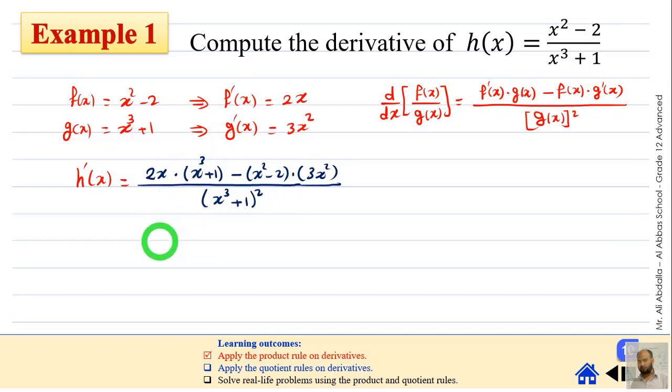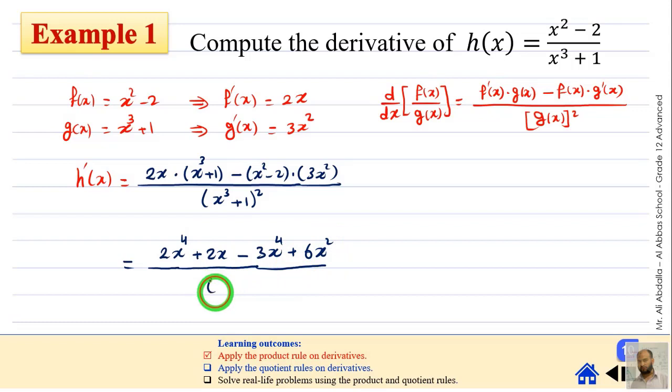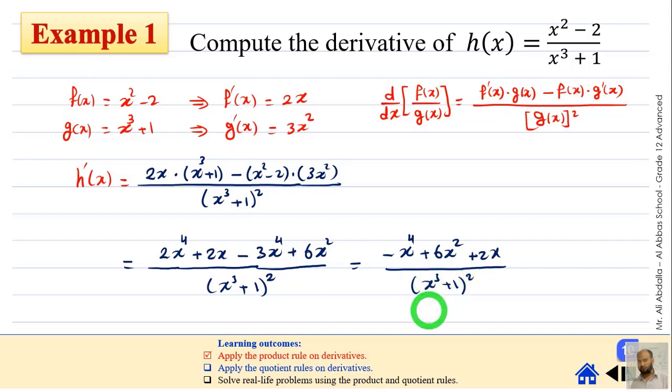Then we can simplify: 2x times x to the power 3 equals 2x to the power 4, plus 2x, minus 3x to the power 4 plus 6x to the power 2, over x to the power 3 plus 1 to the power 2, which equals 2x to the power 4 minus 3x to the power 4, equals negative x to the power 4 plus 6x to the power 2 plus 2x, over x to the power 3 plus 1 to the power 2. This is the derivative of h(x).